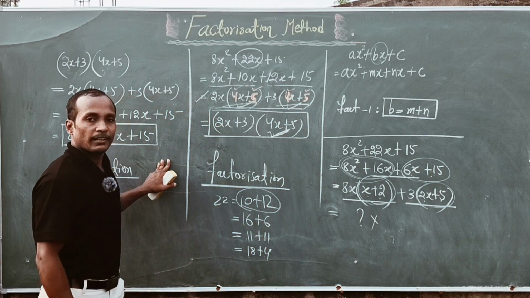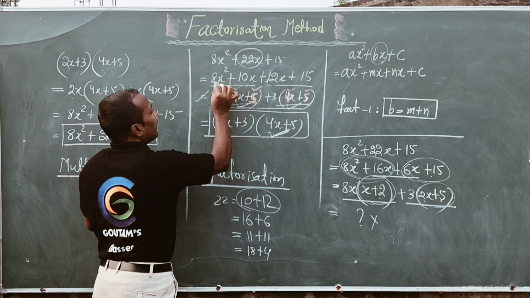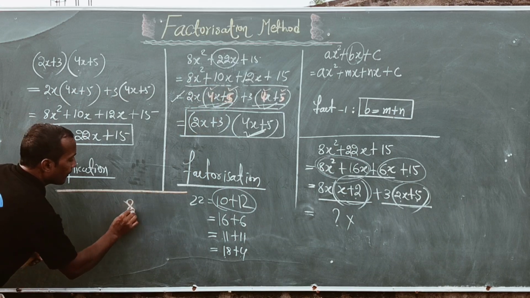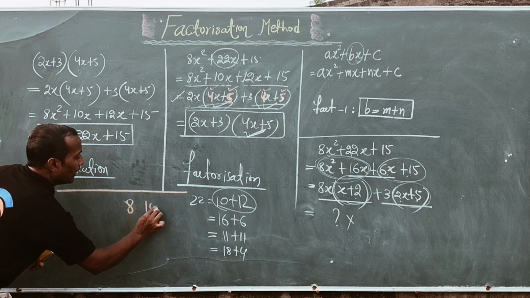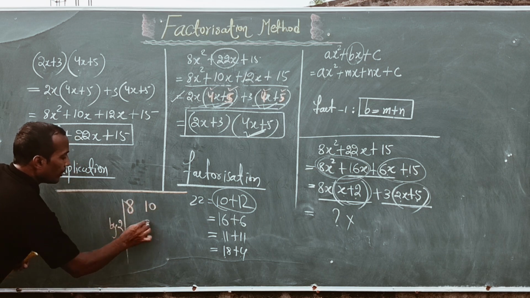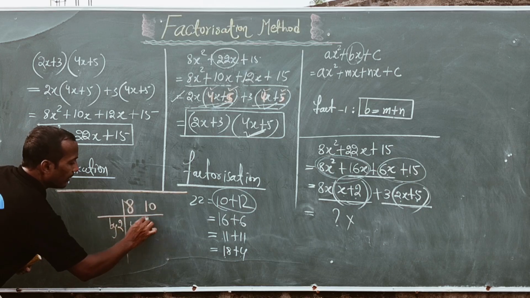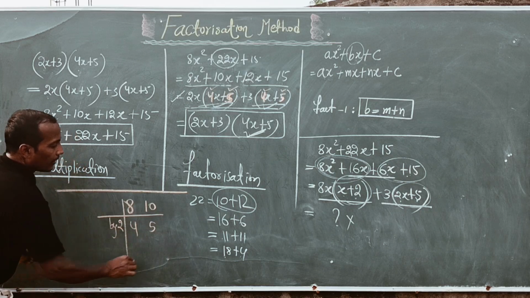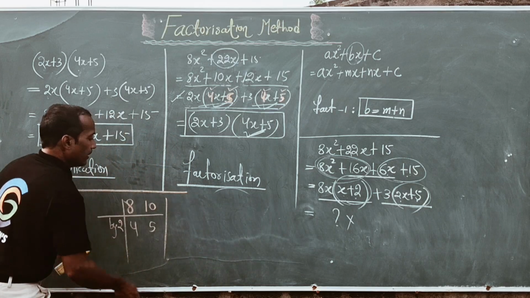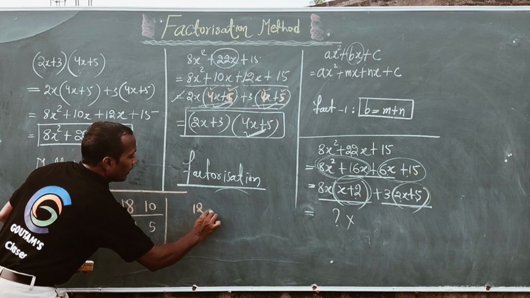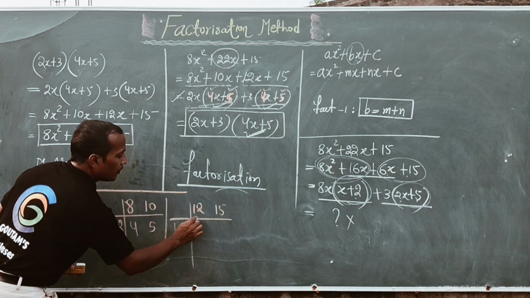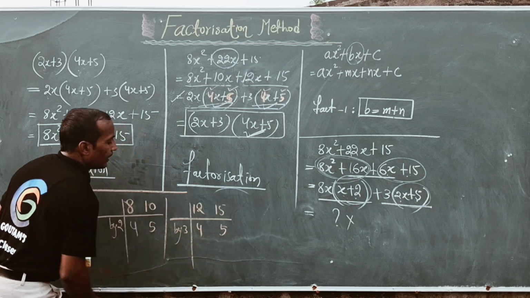It means what? It means that 8 and 10, when divided by 2, you got 4 and 5. Similarly, when you divided 12 and 15 by 3, you got 4 and 5.